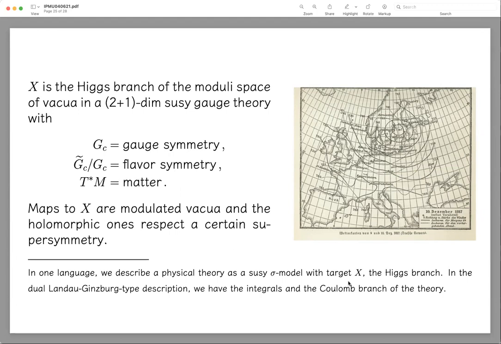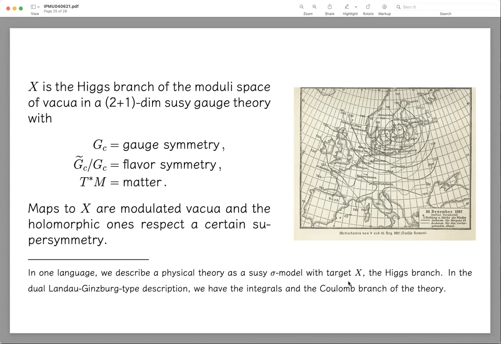the moduli space of vacua in a suitable 2+1 dimensional supersymmetric gauge theory, in which, as we discussed before, we have the gauge symmetry, which is a compact form of G. The larger group divided by this group is the flavor symmetry, and there is a matter representation, which is T*M.